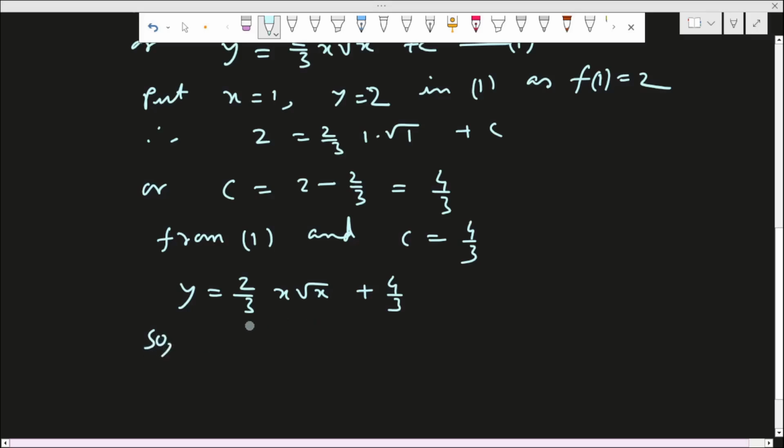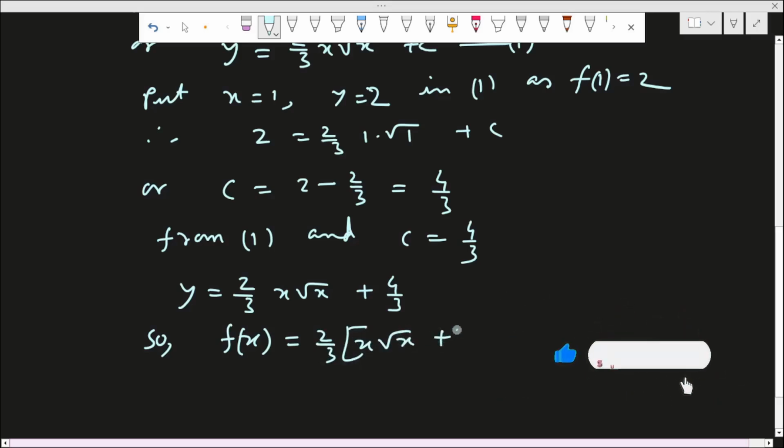So the required f(x) is, after simplifying, taking out common 2 by 3, f(x) is equal to 2 by 3 times (x root x plus 2), which is the answer.